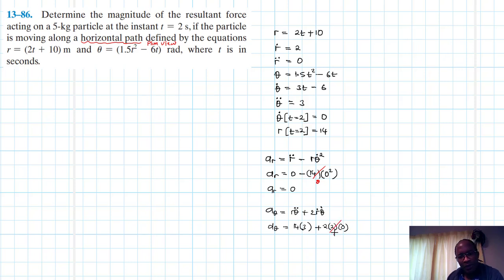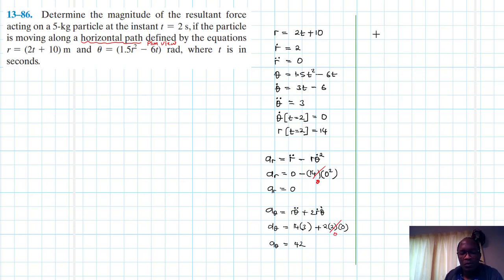So all this part is 0. Therefore a theta is just going to be equal to 14 times 3, and this gives us 42.